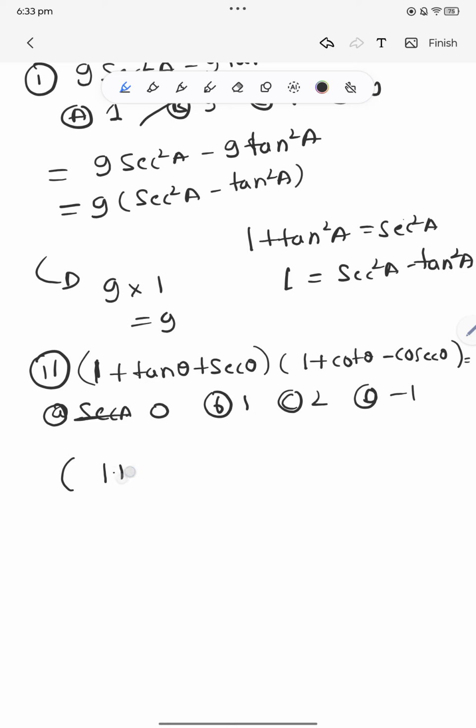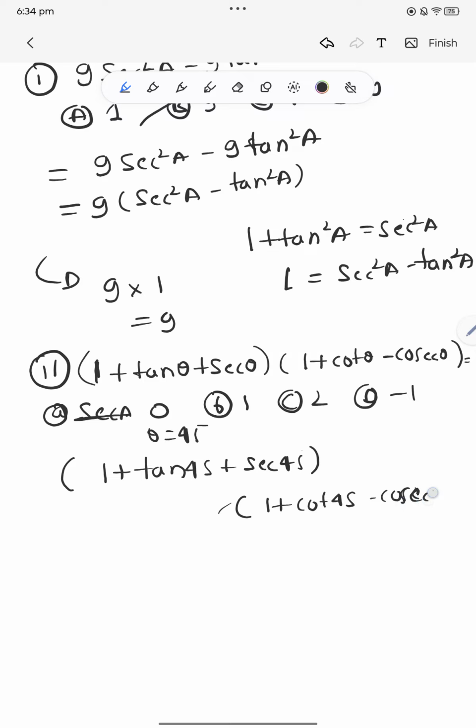Here theta is equal to 45 we are assuming. 1 plus tan 45 plus secant 45 degree into, I will write this question here, 1 plus cot 45 minus cosecant 45.